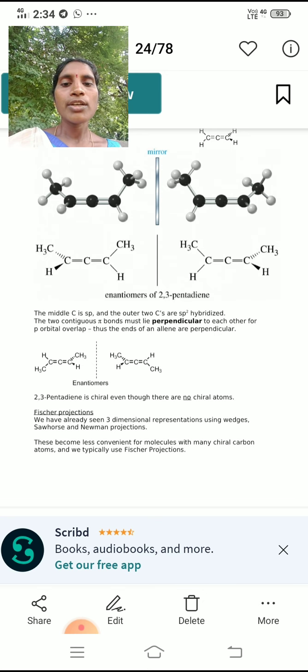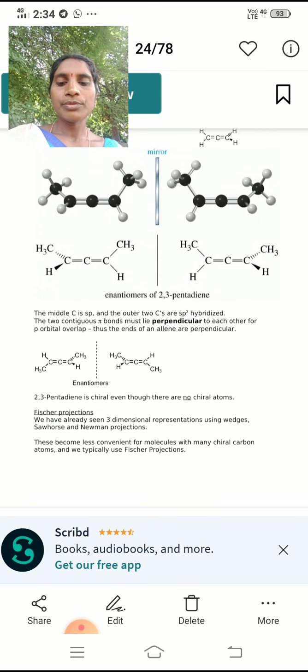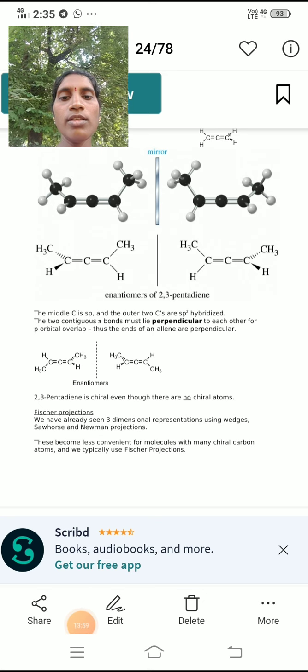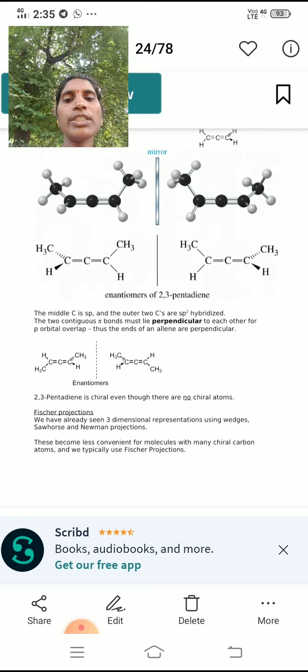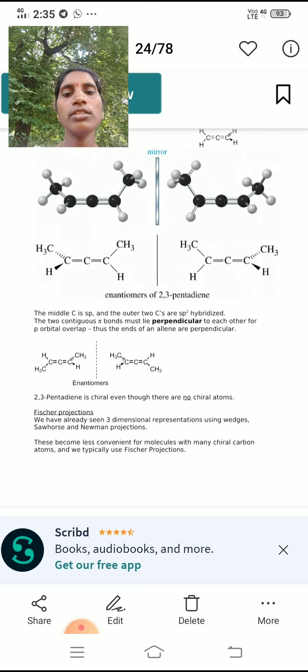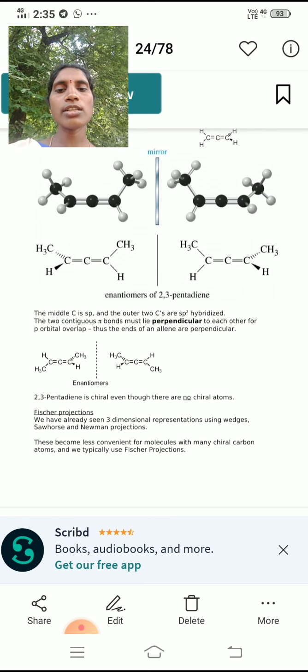Here are the enantiomers of 2,3-pentadiene. These two enantiomers are mirror images of each other.